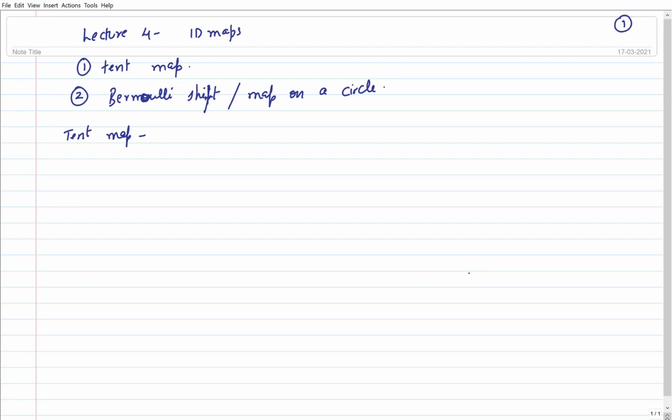So what do we mean by that? The tent map is given by the following equation.